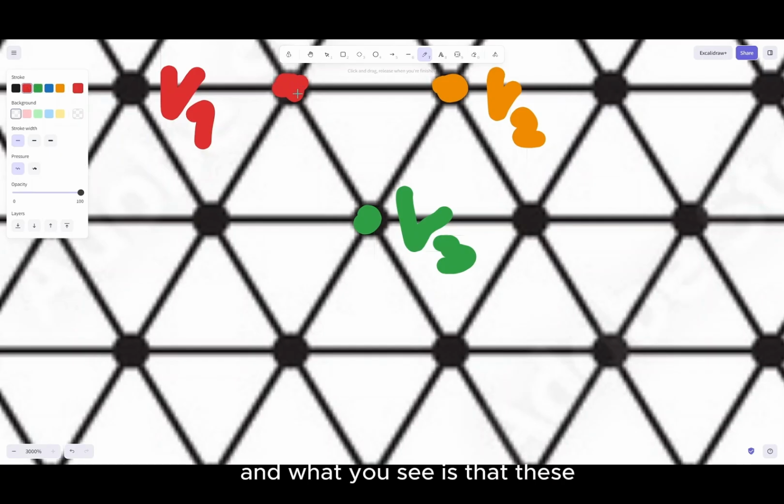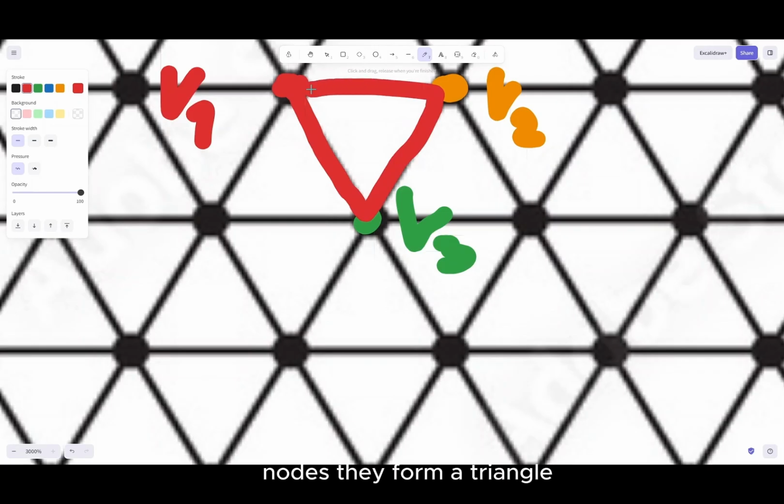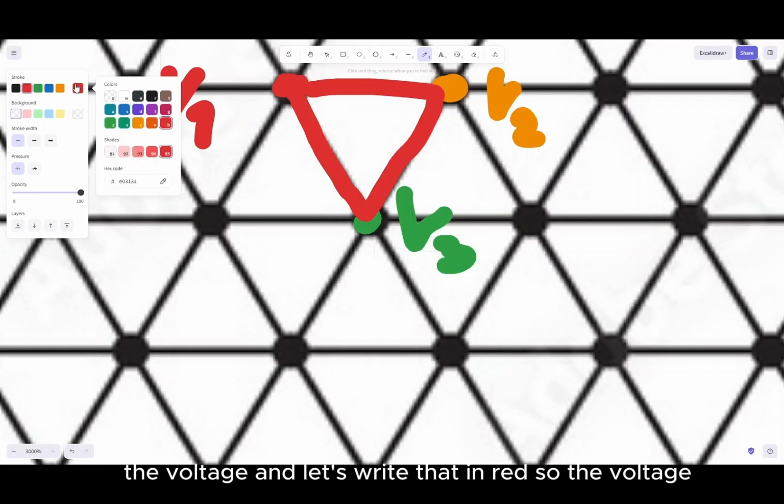And what you see is that these nodes form a triangle. And this triangle is a plane. And what it means is that inside of this triangle, we have an electric field that is just the negative of the gradient of the voltage. So first of all, let's write the equation for the voltage, and let's write that in red.